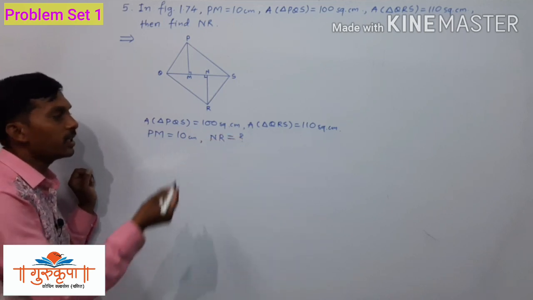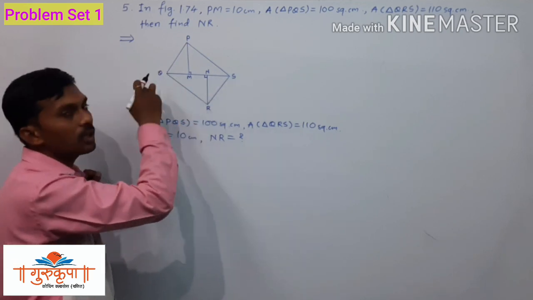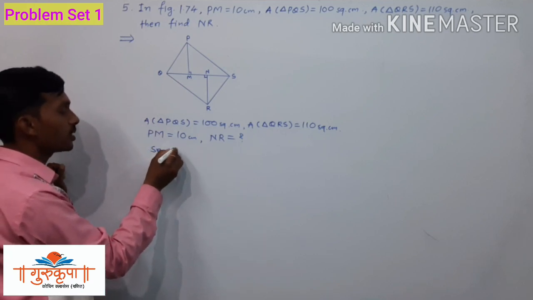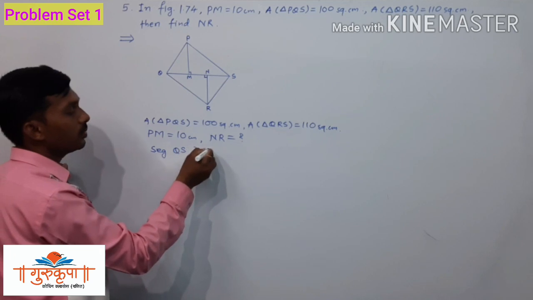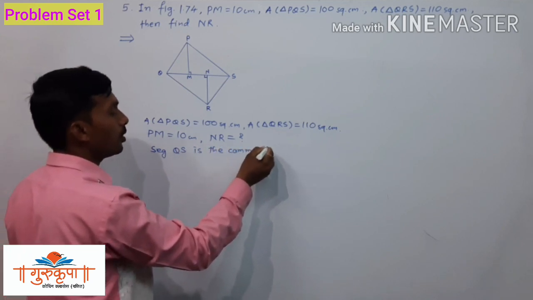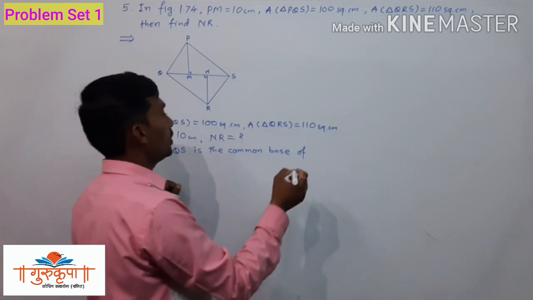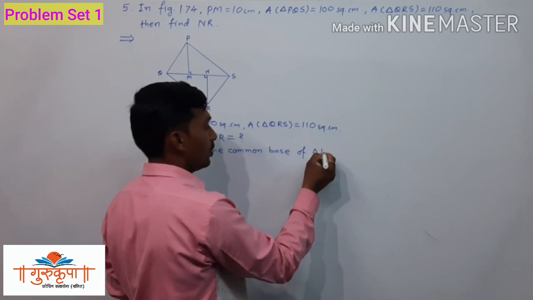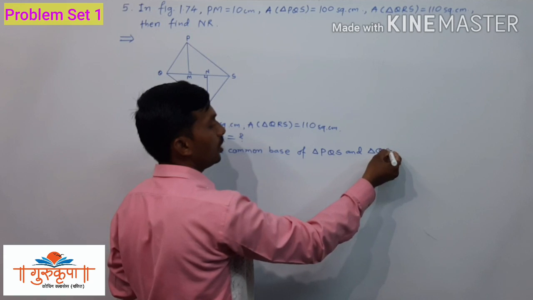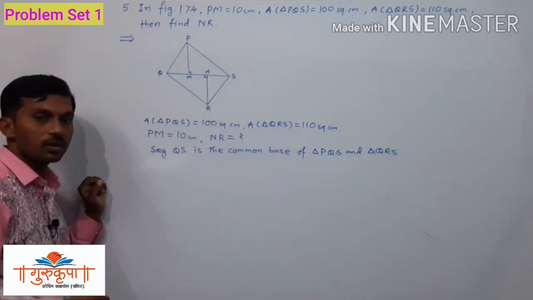And here how to find NR? By using the property of the ratio of the areas of two triangles having equal bases. So here we can write, seg QS is the common base of triangle PQS and triangle QRS. Both the triangles are having equal bases or a common base.